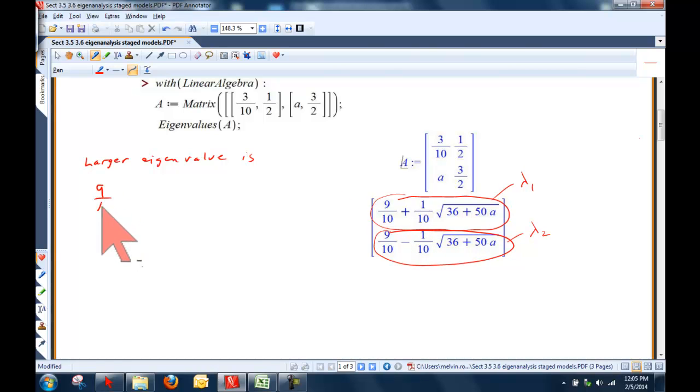So 9/10 plus 1/10 square root of 36 plus 50a. And what we're going to do is set this equal to 1. That's the minimal condition for stability here.